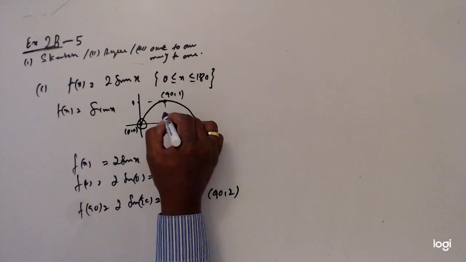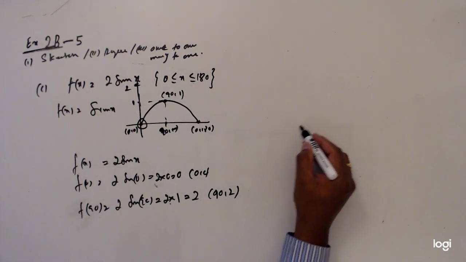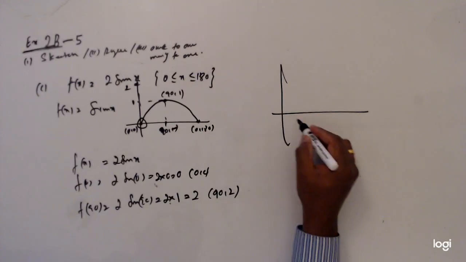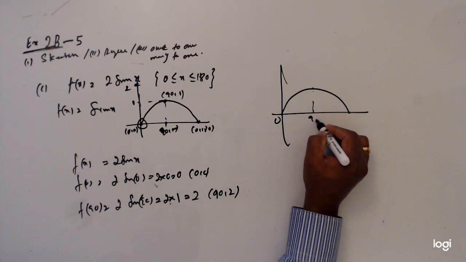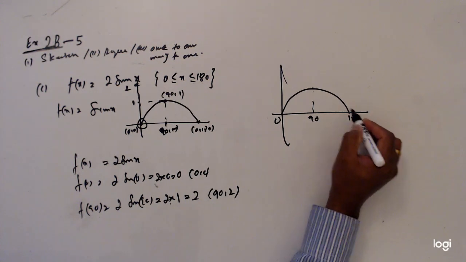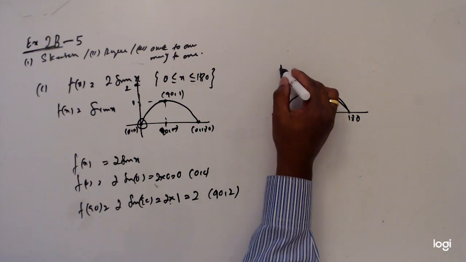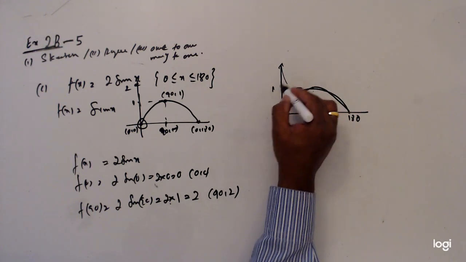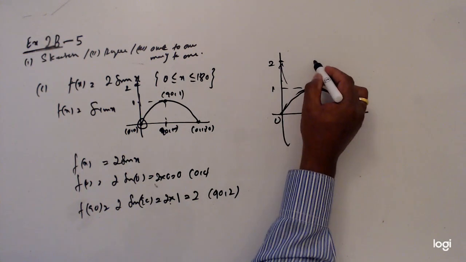So now this graph, instead of 1, I'll draw again, 0, 90, 180. This is 1. Now what will happen to this point? It will go up to 2.